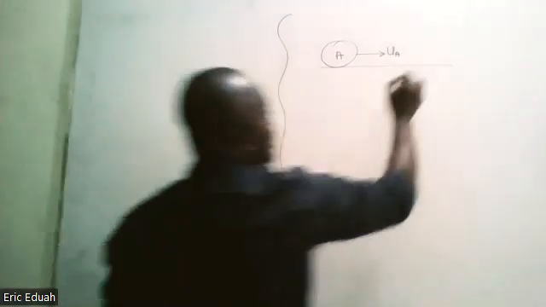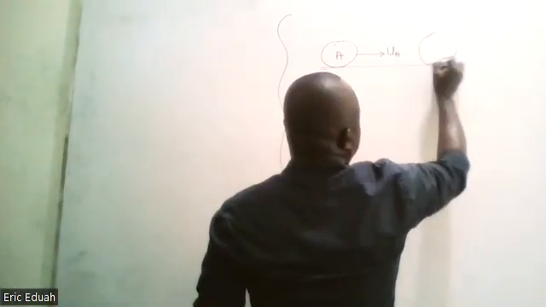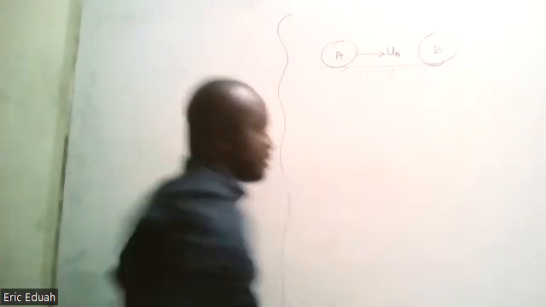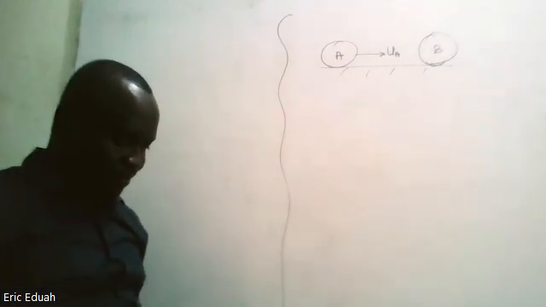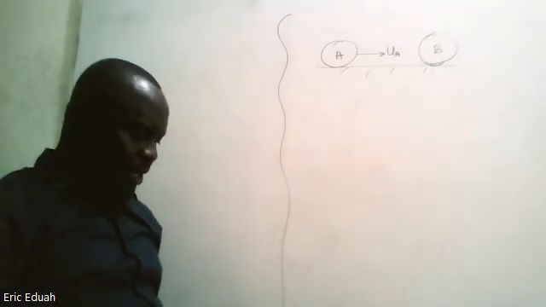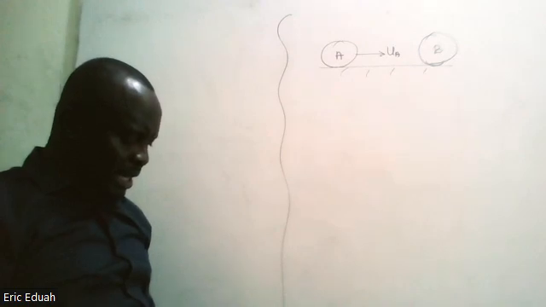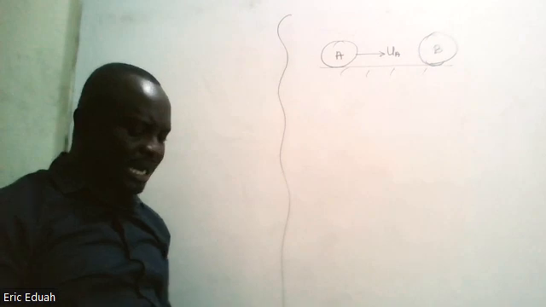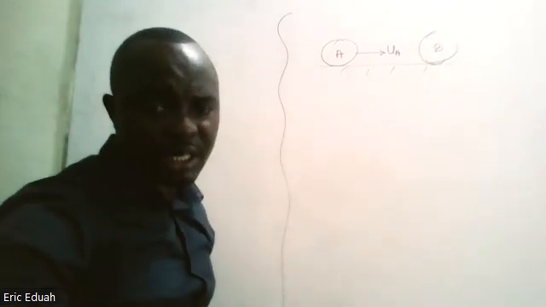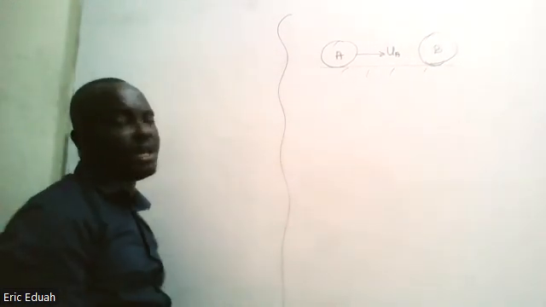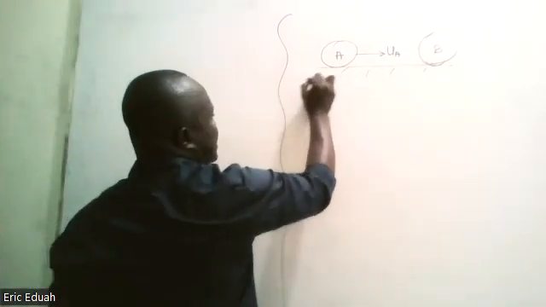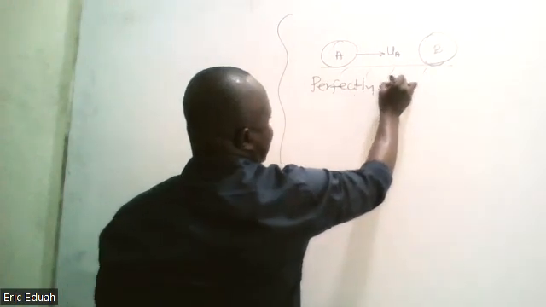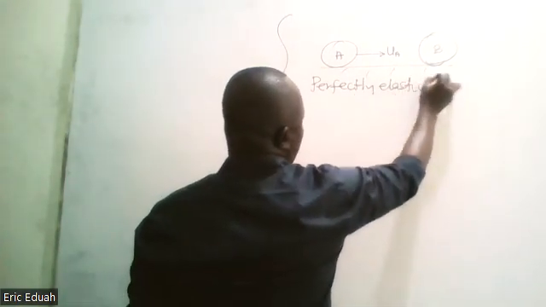Then colliding with a stationary body B. Now we are told that the two collide perfectly elastically. So the nature of collision between them is perfectly elastic collision.